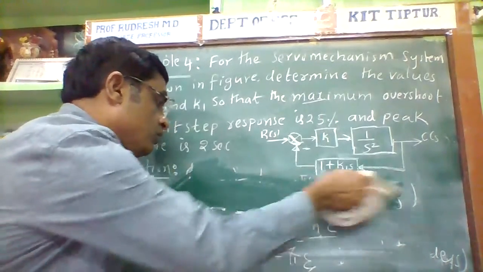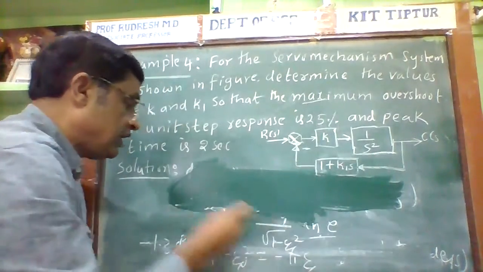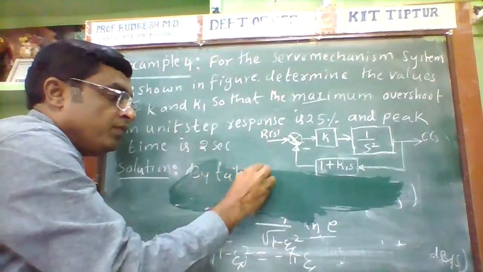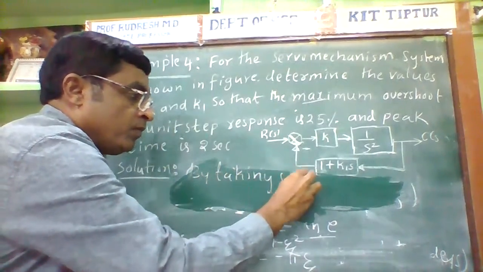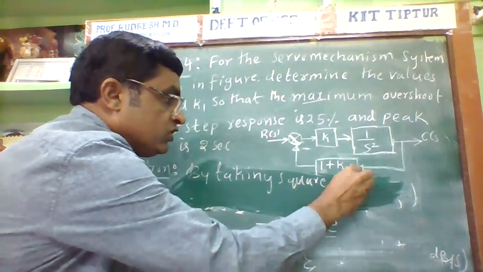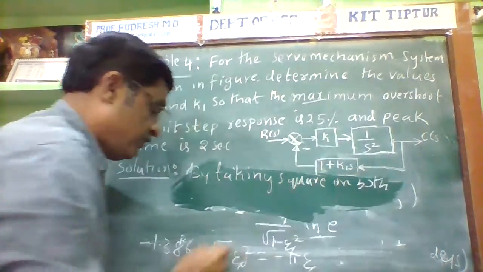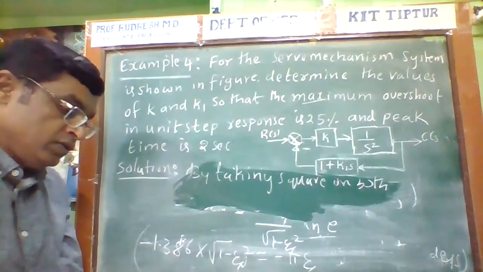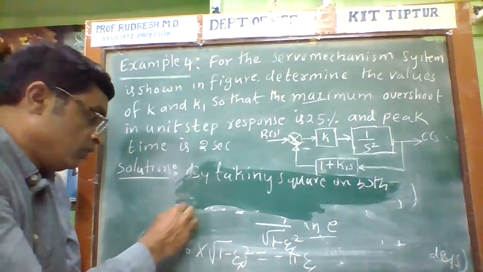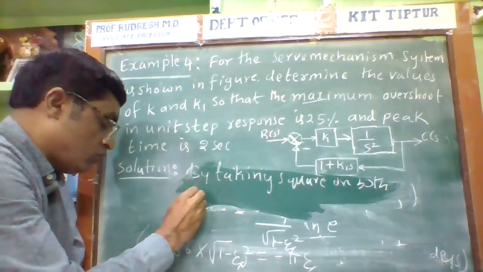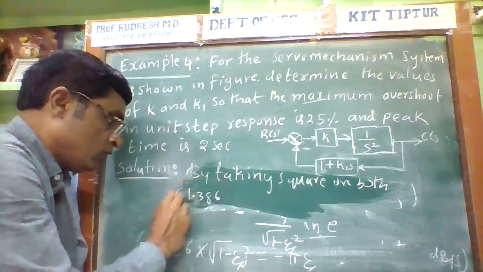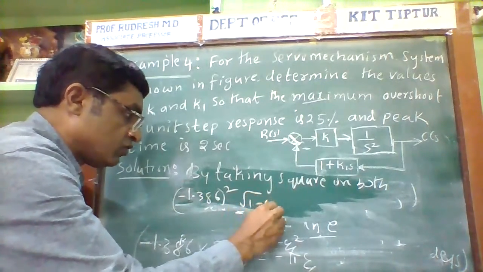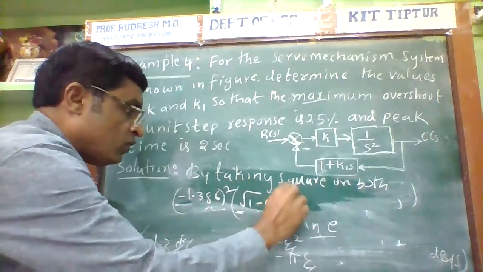By taking the square on both the sides, the square and the square root cancel. Now this can be written as 1.386 whole square into 1 minus zeta square, is equal to pi zeta, this whole square.